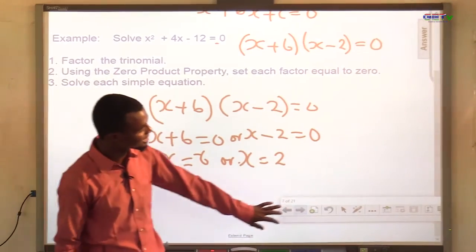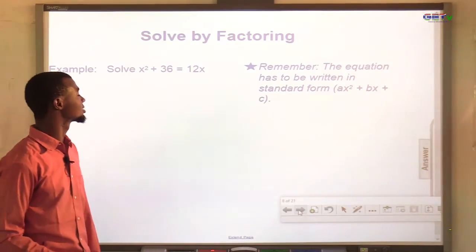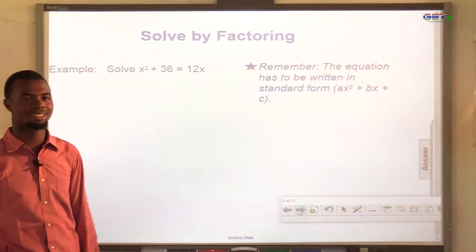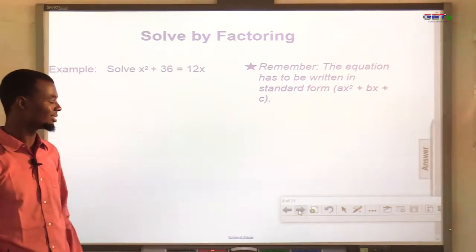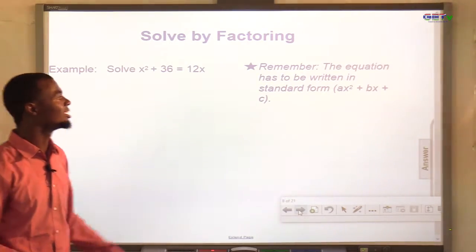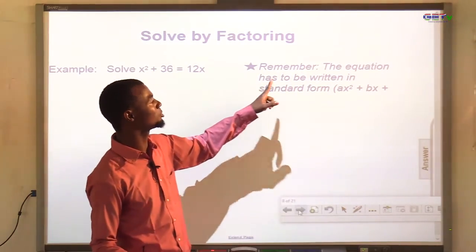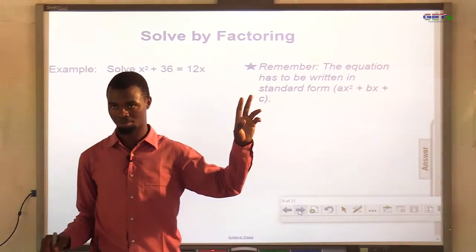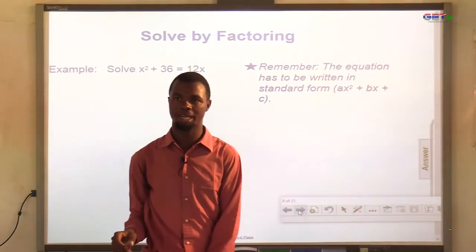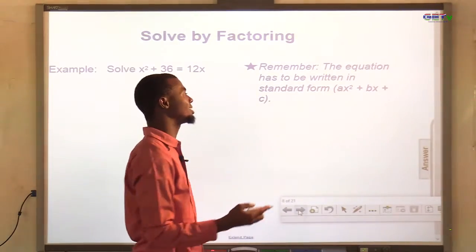So we go to the next slide. Solve x squared plus 36 is equal to 12x. Remember, the equation has to be written in the standard form. What is the standard form? ax squared plus bx plus c is equal to 0.